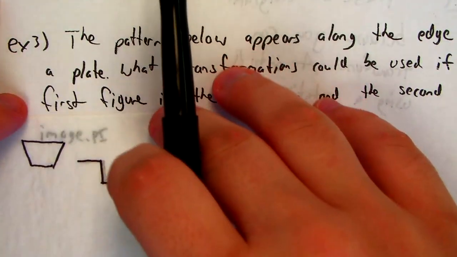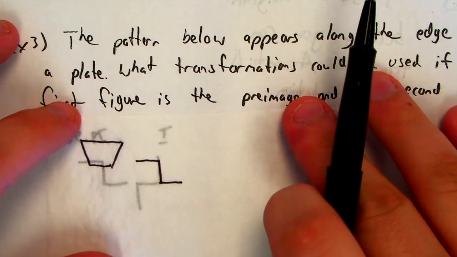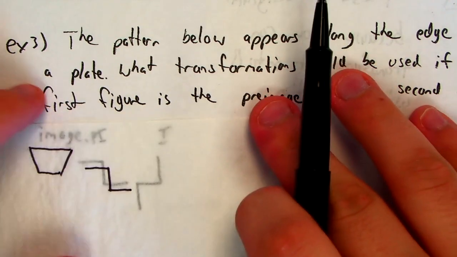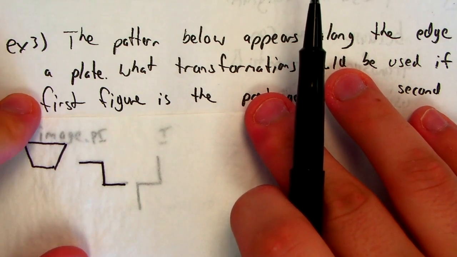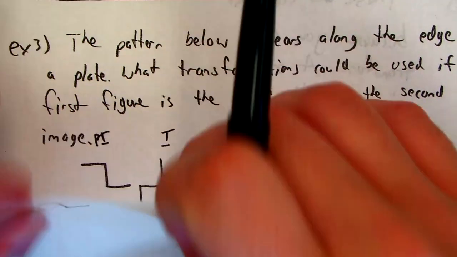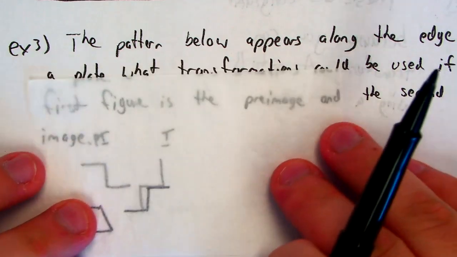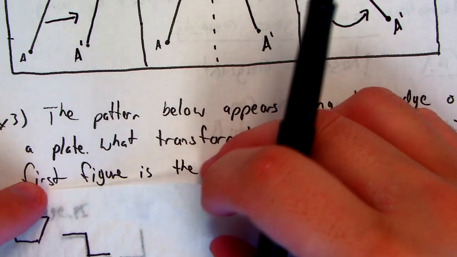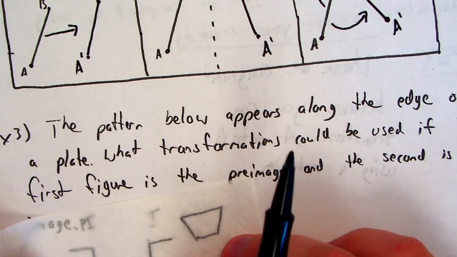And if I move the paper around, it's not going to match up perfectly. So it cannot be a translation. Could it be a reflection, though, which literally means everything just flips over? So I could do this, but that doesn't match up still. I could also do this, but that still doesn't match up.